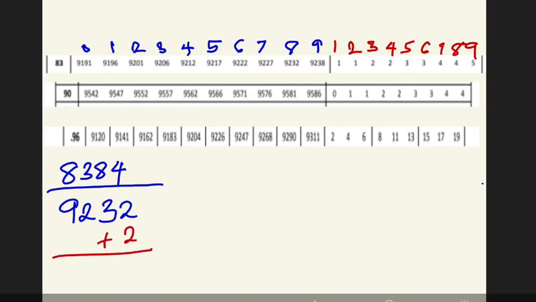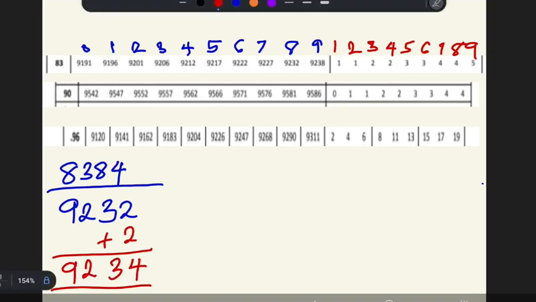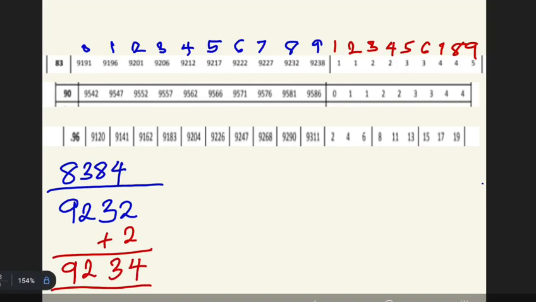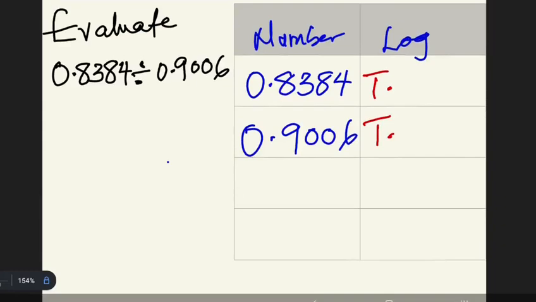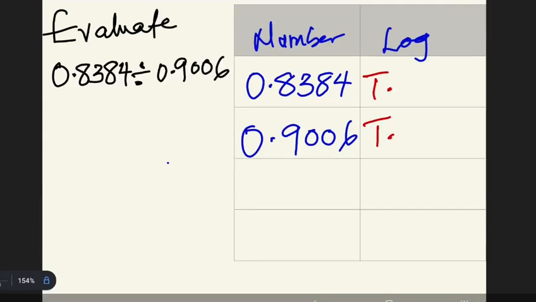You add it together to have 4329, so automatically the logarithm is 9234.